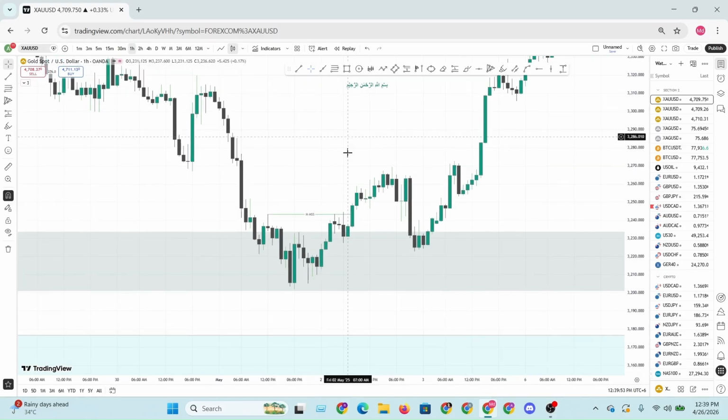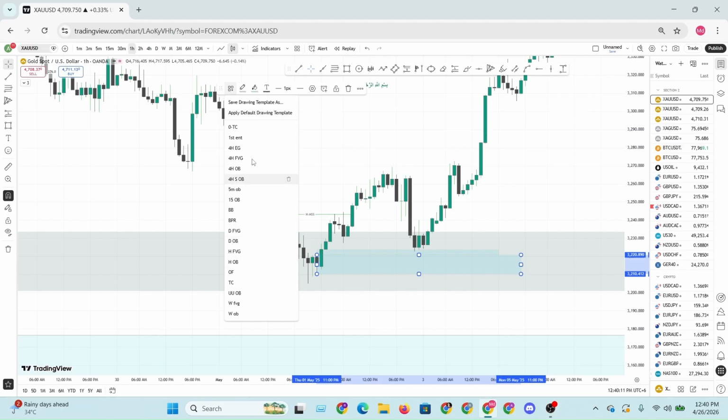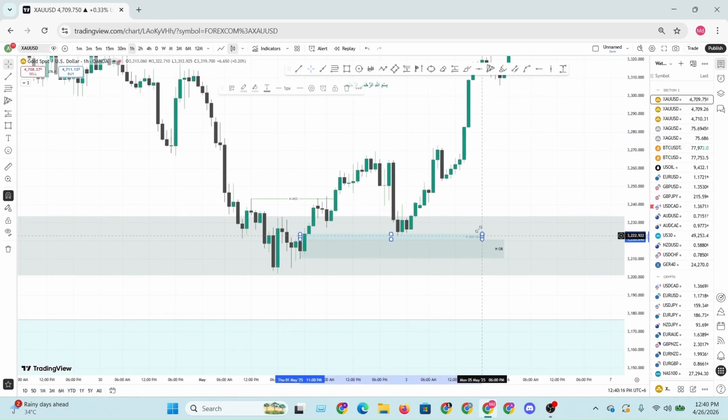Then what we see are the extreme order blocks or order PYs. So the extreme PYs are here. This is the FPG. This is the order block. This is our FPG.